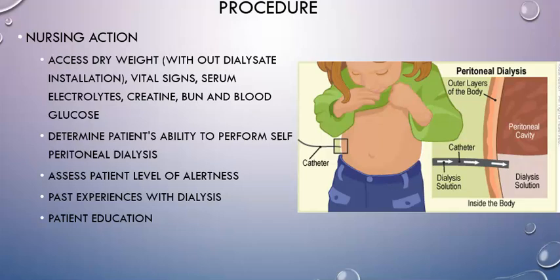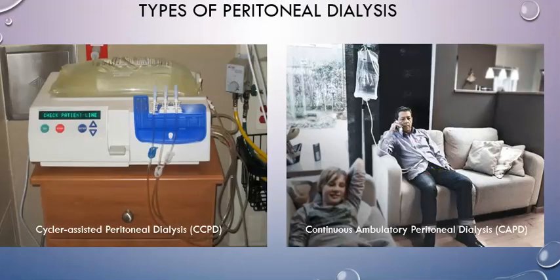You're going to assess for pain and do your education on how to do it, when to do it, and what signs and symptoms of infection. It's usually 30 minute exchanges repeated over 8 to 10 hours while the client is asleep for the CCPD, which is what we just talked about here.